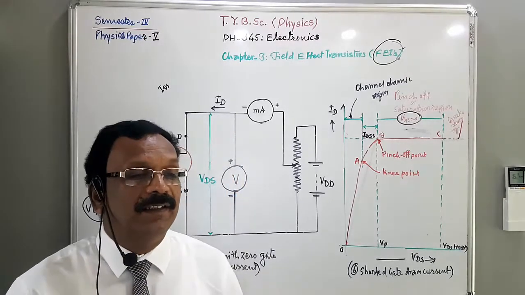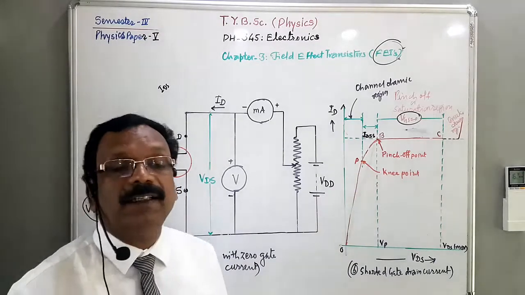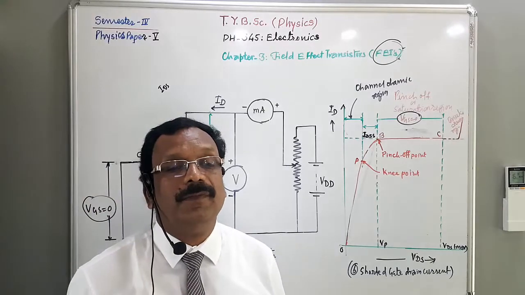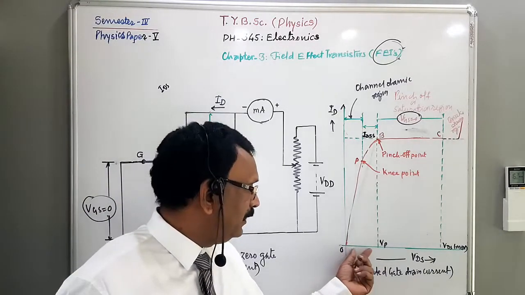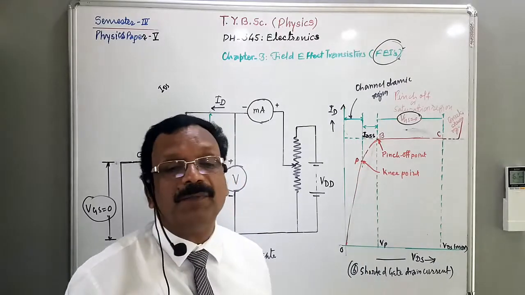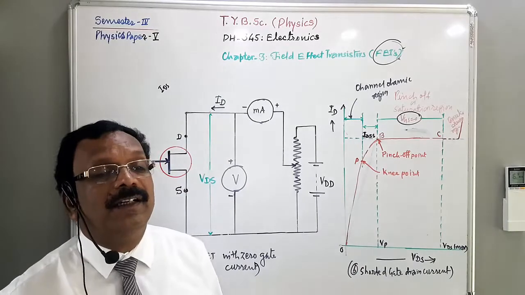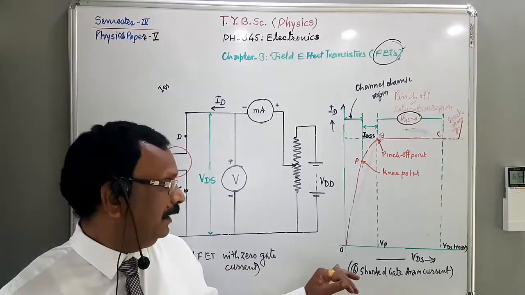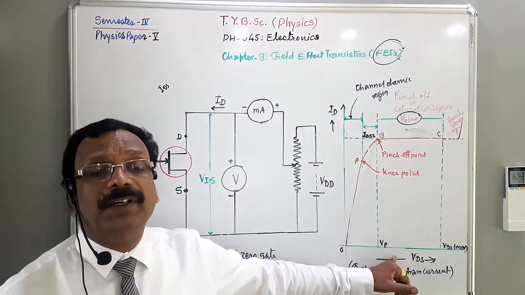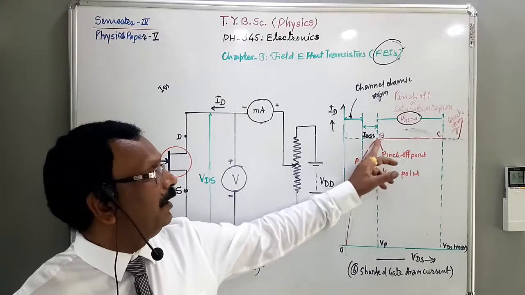At first, drain current increases rapidly with increase in VDS. There is a small increase in VDS, and drain current increases much more. At first the drain current ID increases rapidly with increase in voltage between drain and source, VDS, but then becomes constant.